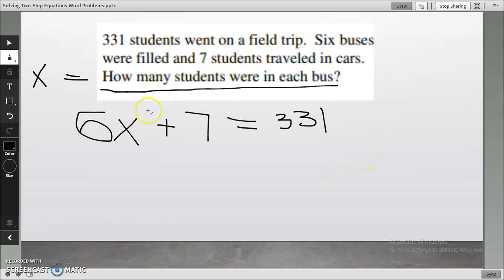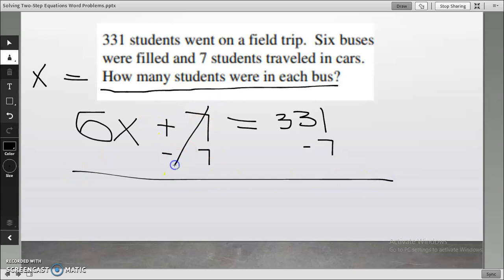So of course, I'm going to follow the order of operations. The order of operations says I follow PEMDAS in reverse. So I'm going to subtract 7 from both sides. My 7 crosses out here, and I get 324 over here.